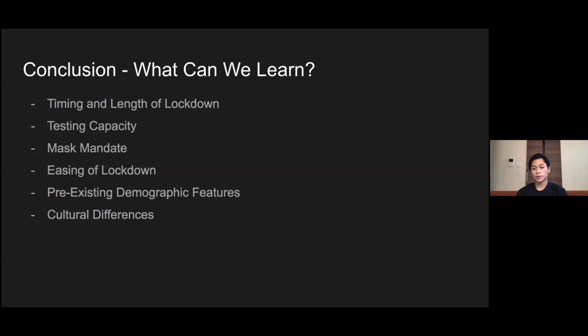Now, concerning pre-existing demographic features, there was a cross-country analysis published in the Lancet that concluded that demographic features such as obesity and also per capita GDP had very strong and positive correlations with the death rate per million. Factors like income dispersion and smoking prevalence, on the other hand, were negatively correlated with death rate.